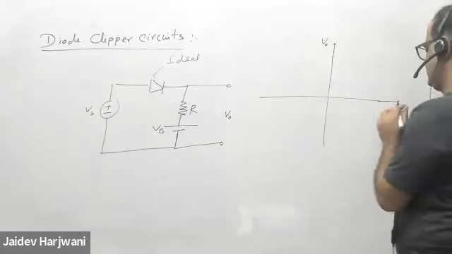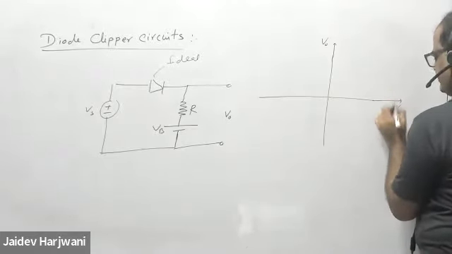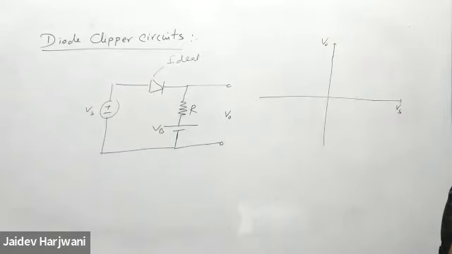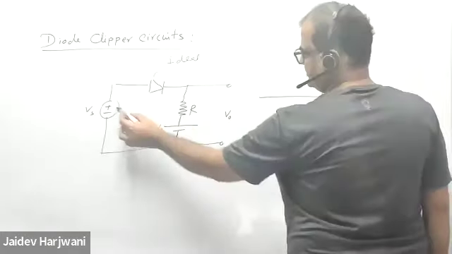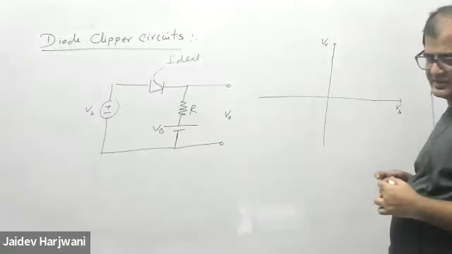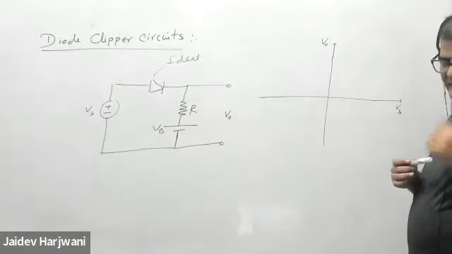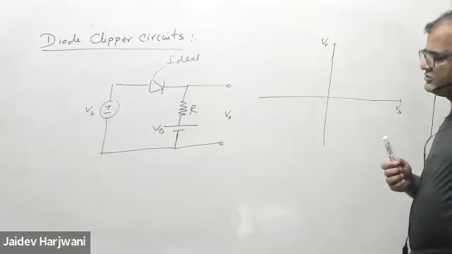This is V naught, and this is VS. Tell me what the transfer curve is. So with this VS, is this diode forward biased or reverse biased? Forward biased. Why? Battery VB is also there.